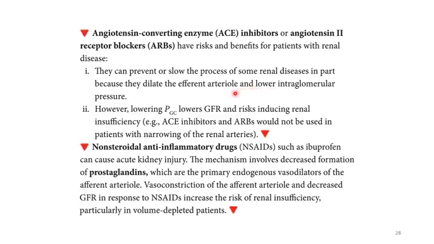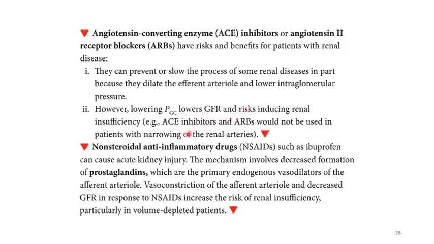But they have some risk for patients with renal disease because they reduce GFR, and their GFR is already reduced, and by reducing it more they will undergo some unfavorable states, and waste material may accumulate in their body, and the renal insufficiency can be harmful for them.